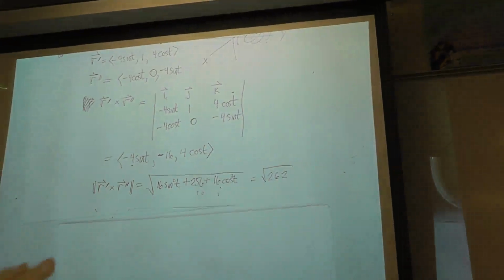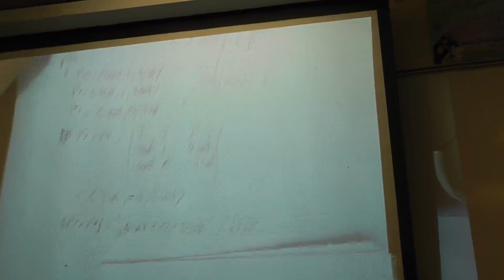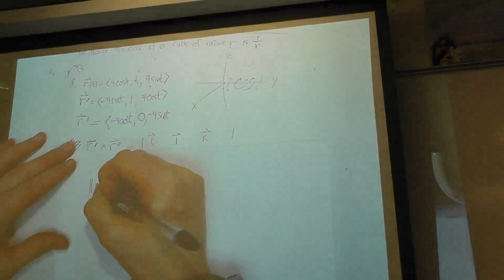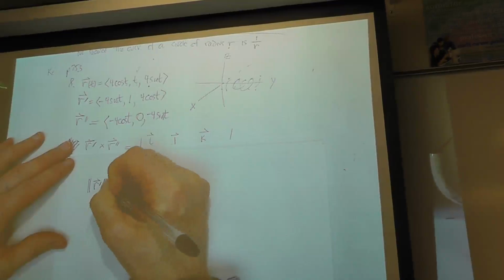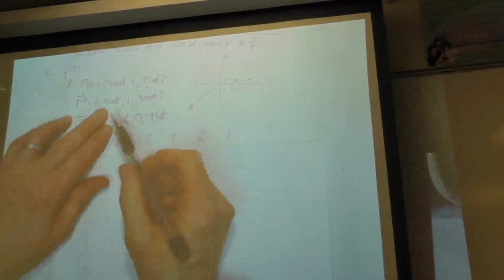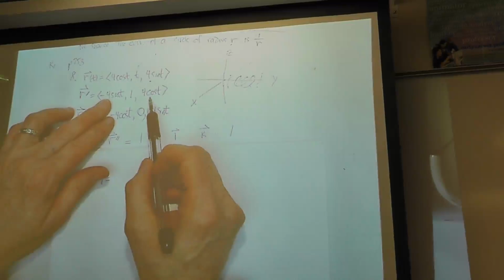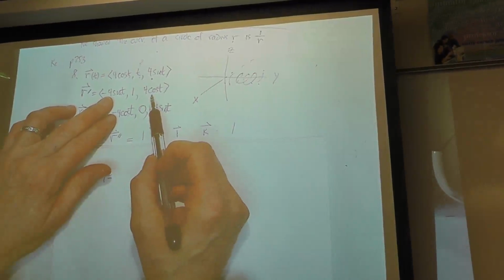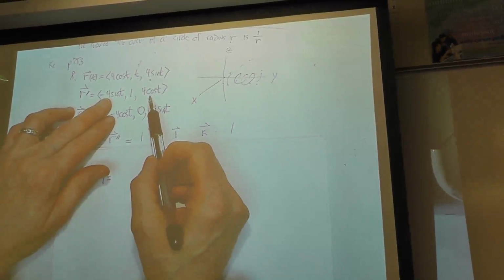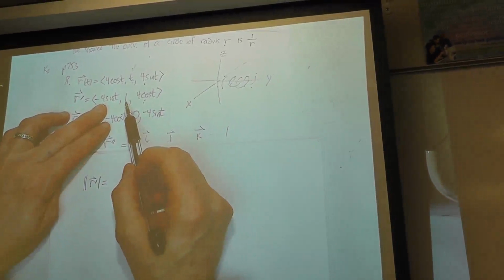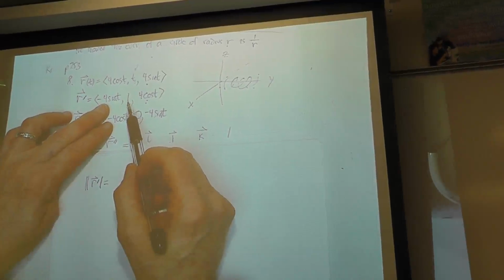For the denominator, I need the magnitude of r prime, and I need to cube it. So the magnitude of r prime: I'm going to do the 16 sine squared and the 16 cosine squared, add them up and get 16. And then add this in and get 1.